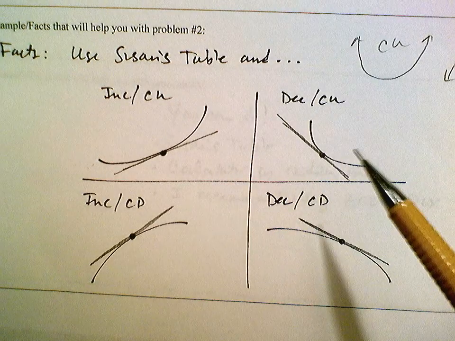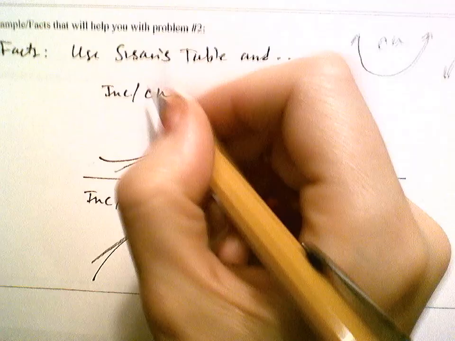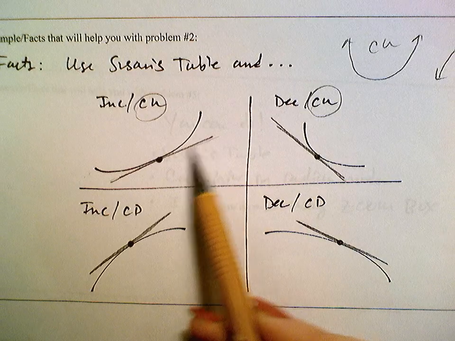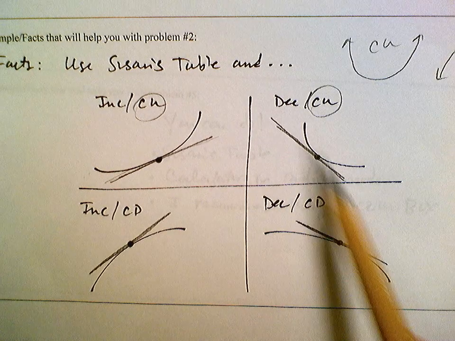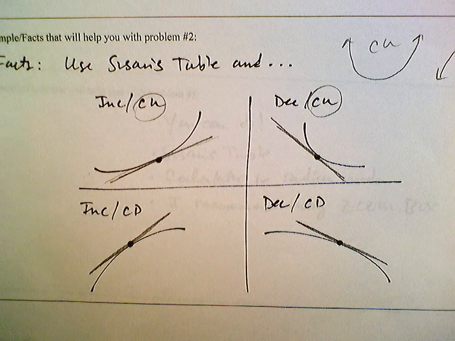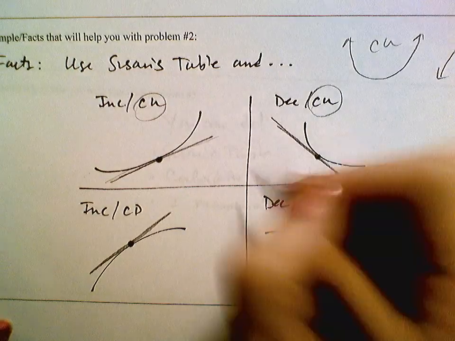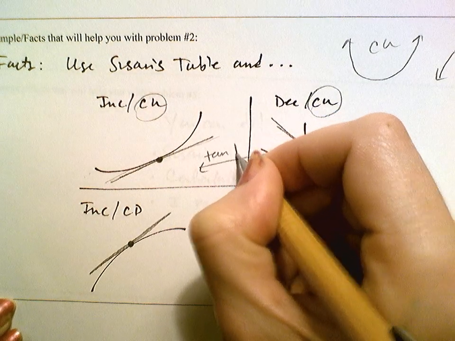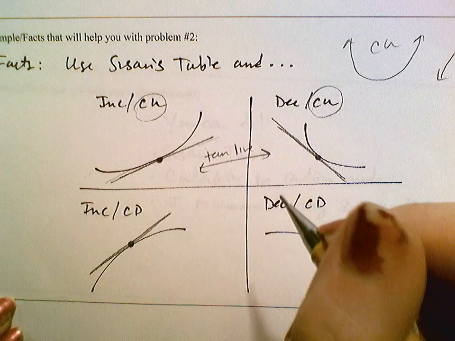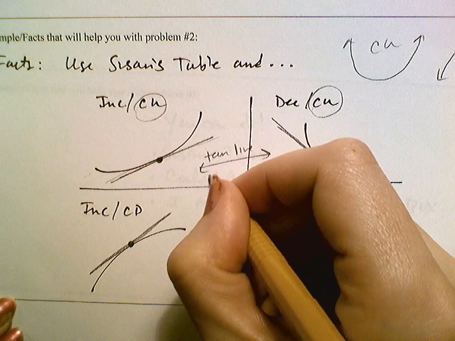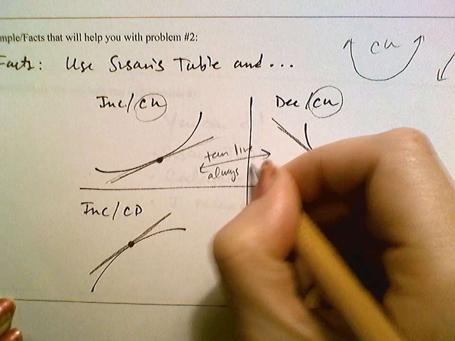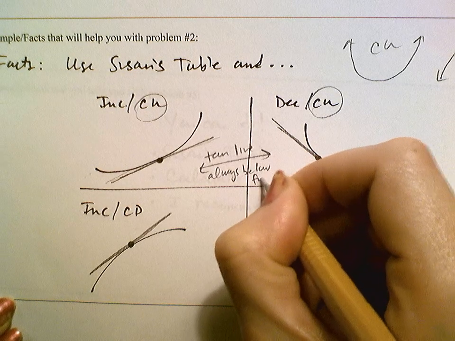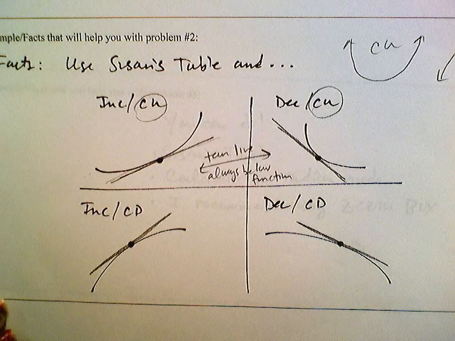Now, let's look at the concave up ones. For the concave up ones, the tangent line is always below the function, okay?